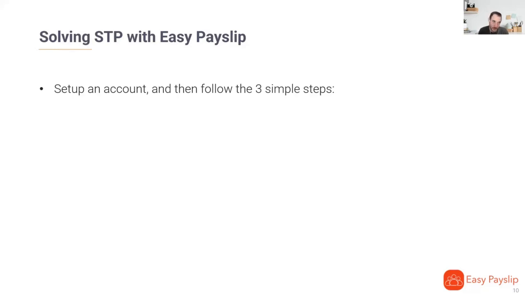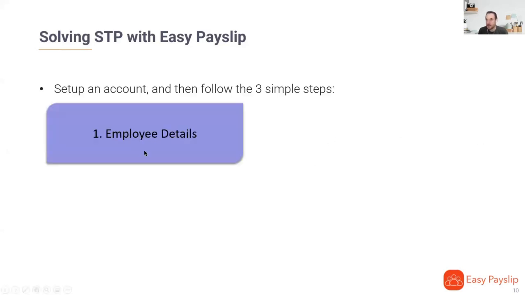For Easy Payslip, you can go to our website and click on free trial, or you can download our app from the Apple App Store or the Google Play Store. Then you set up an account, and you just follow the prompts. It will ask you a few questions like your business name and your contact details.